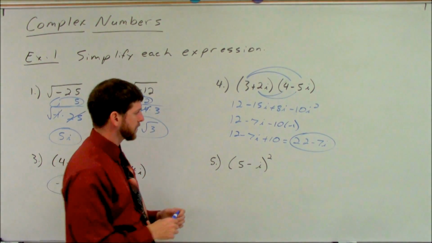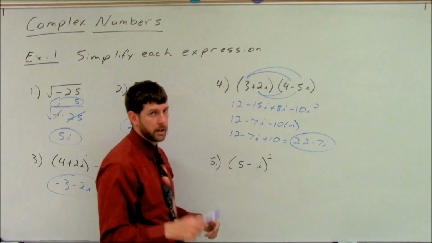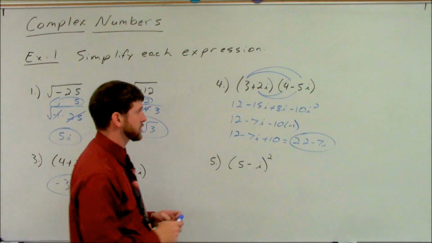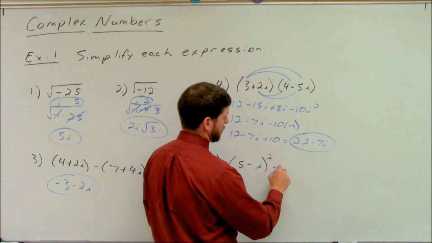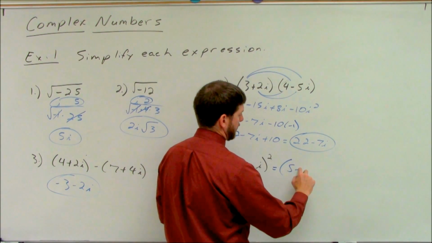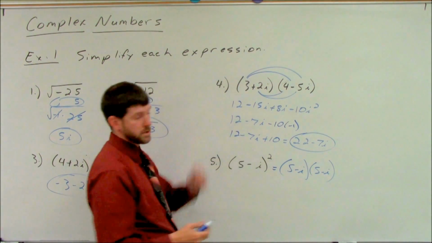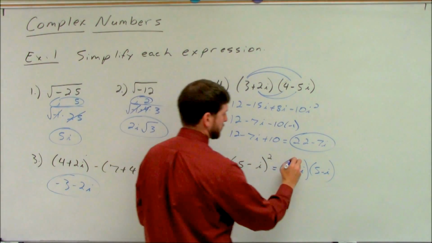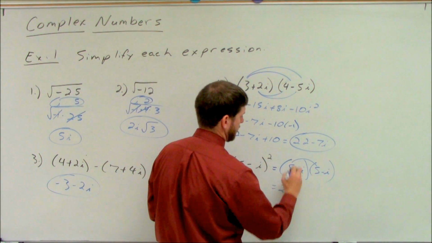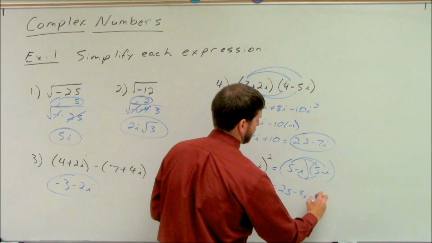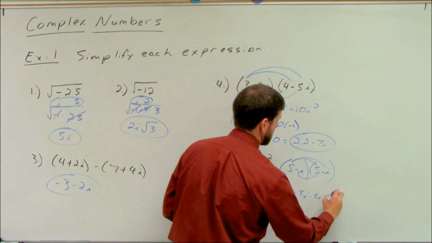5 minus i quantity squared. Again, remember you can't distribute exponents across addition or subtraction. So I have to actually make this into a multiplication problem: 5 minus i times 5 minus i. Now we treat it just like we do number 4. Distribute it. 25 minus 5i minus 5i plus i squared.